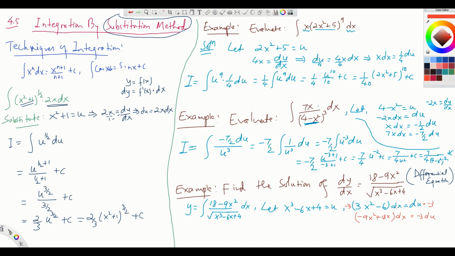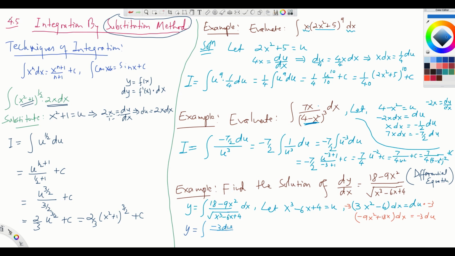You see that? So instead of that quantity on the top, together with dx, you can put negative 3 du. So this can be written as y equals, let me write, the integral of negative 3 du for the whole thing, right?